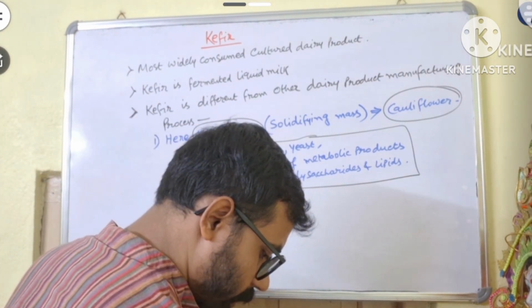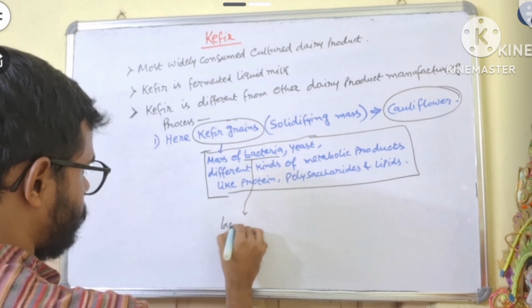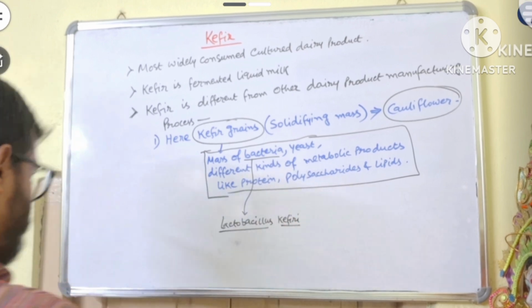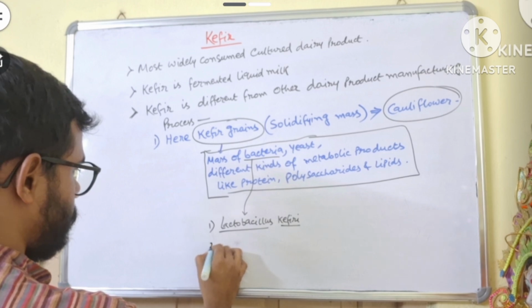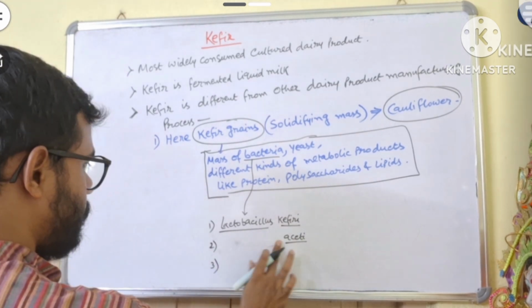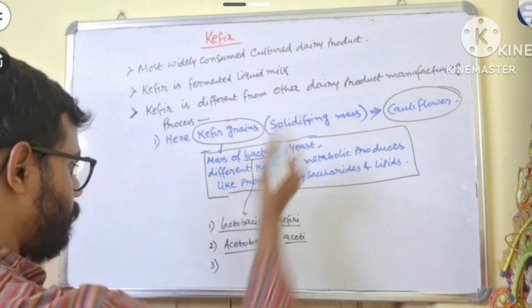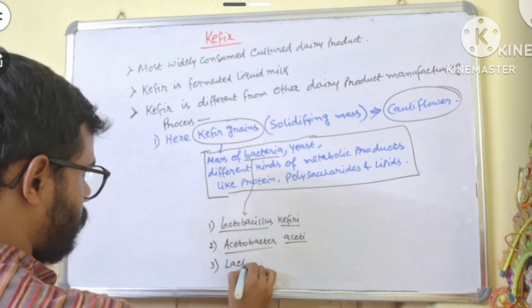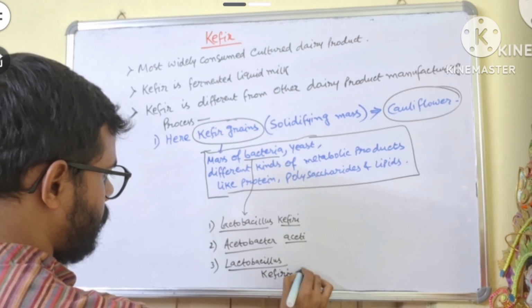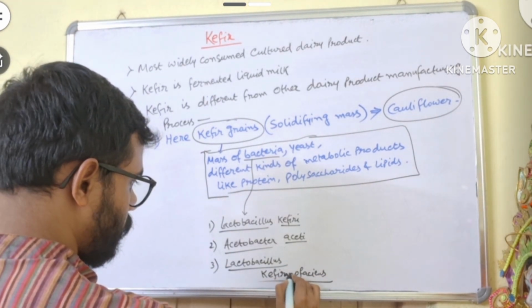So clearly many bacteria and yeast are there. Some examples are Lactobacillus kefiri, Acetobacter aceti, and Lactobacillus kefiranofaciens.